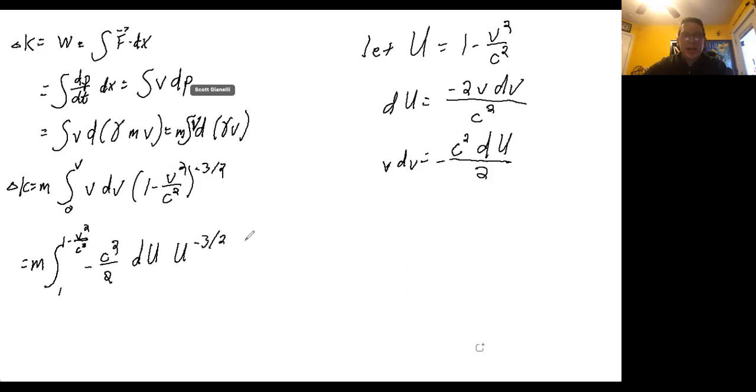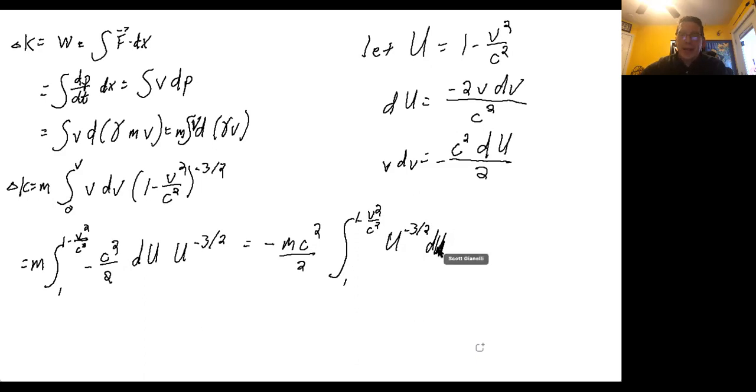So plugging that in, you get negative M C squared over 2, and you have 1 and, again, 1 minus V squared over C squared. That's U to the negative 3/2 dU.